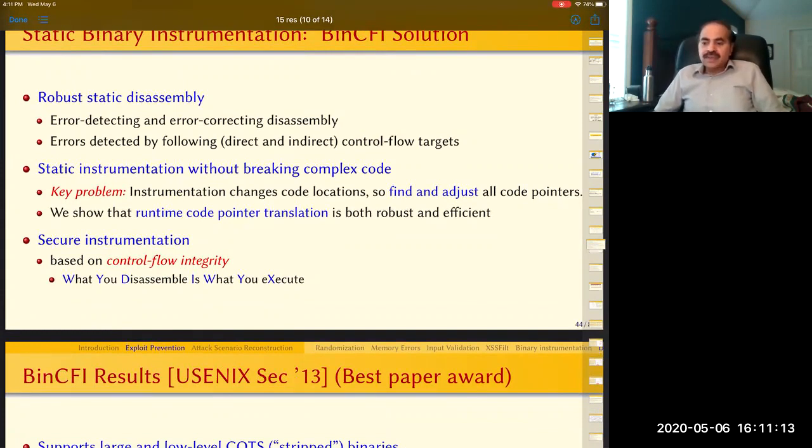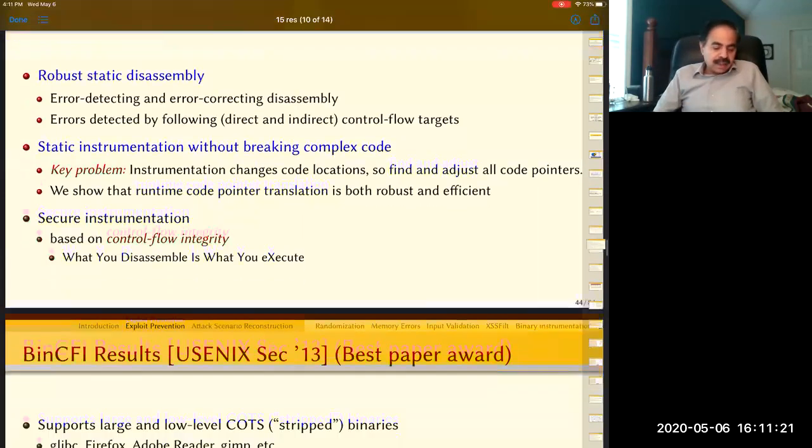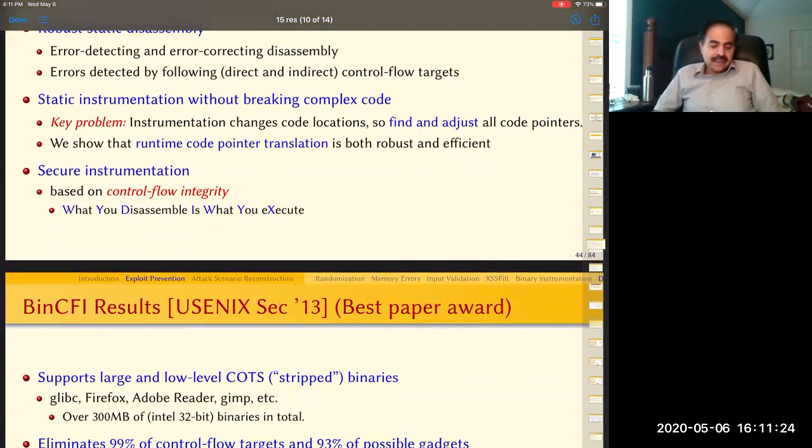We do the translation to the new location of that code, and that gives us the same kind of robustness we get with dynamic instrumentation. We also showed that, by using control flow integrity, you can make sure that any instrumentation that you add cannot be bypassed.